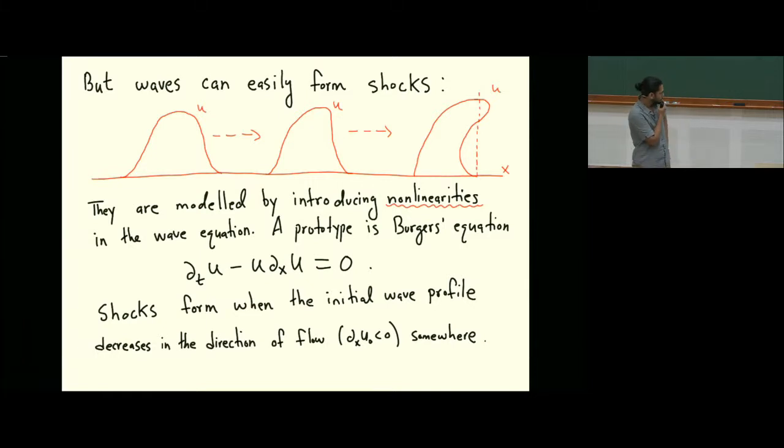Okay? So to understand this, let me just first say the following. How would you model the formation of a shock? Or rather, how would you actually even model a shock? It's very hard, because once the shock is there, u is not a function anymore. This is not a graph of a function. So you cannot write down some equation to describe it if it's not a function anymore, at least not in the classical way.